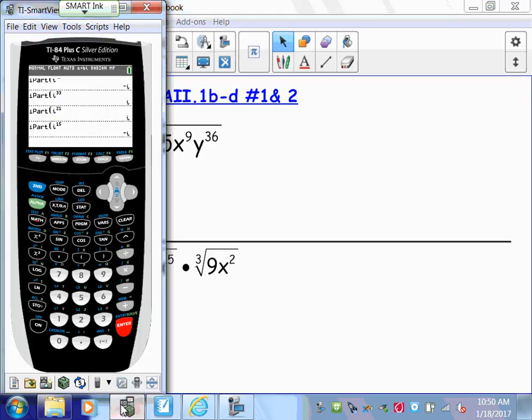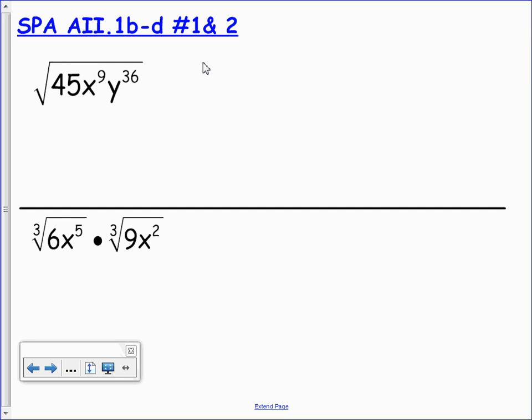Then you look at the table. What are we looking for? Lowest y. Lowest y is 4 and 5. So we know the first part of this problem is going to be 3 root 5.